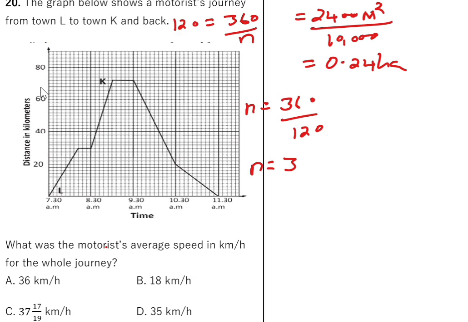From here to here, you read that distance. You add all the distance traveled and then divide by total time taken. So from 7:30 to 11:30, that is around 4 hours. So you divide by that 4 hours. But because this graph is not that clear, I'm not going to do this one, but I've guided you. You take the distances and then add them, divide by the total time taken. So you'll get the answer.